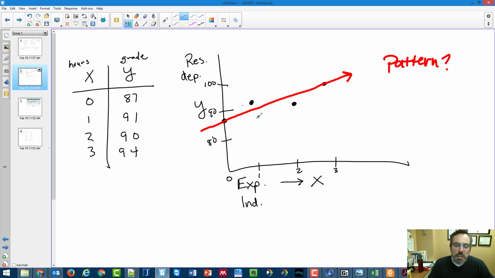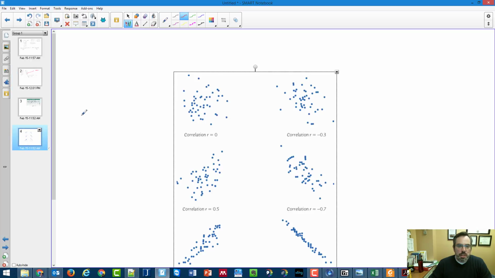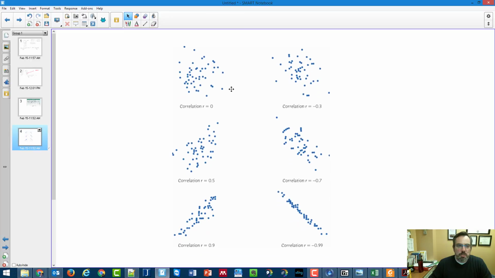But a lot of times our eyes are going to be a little bit deceiving. So here's an example of a picture, and we'll talk about the correlation numbers in just a second, of a number of different plots. You can think of each one of these as graphed on some sort of axis, where here's my explanation and here's my response, or just the two things I'm comparing.